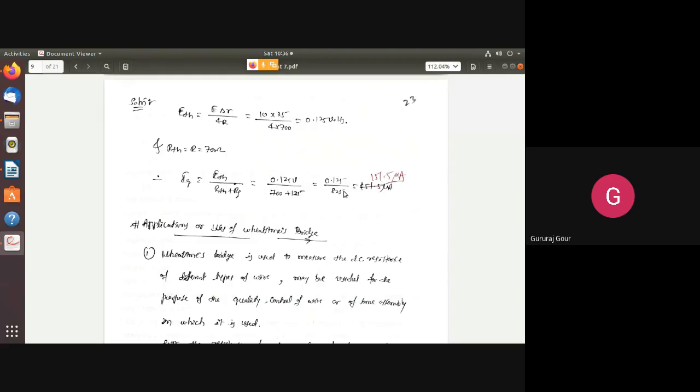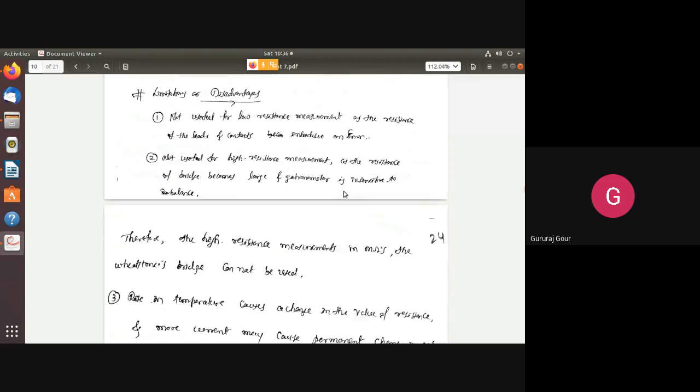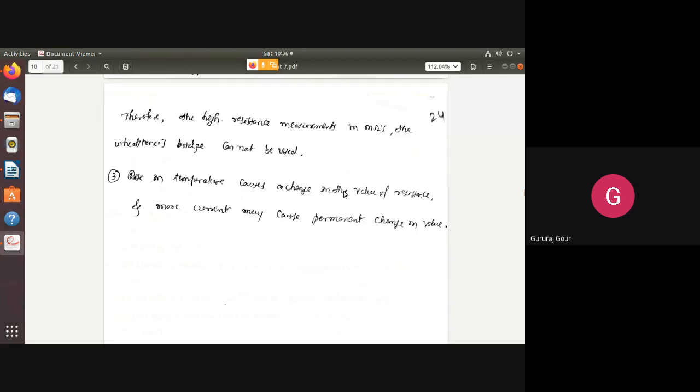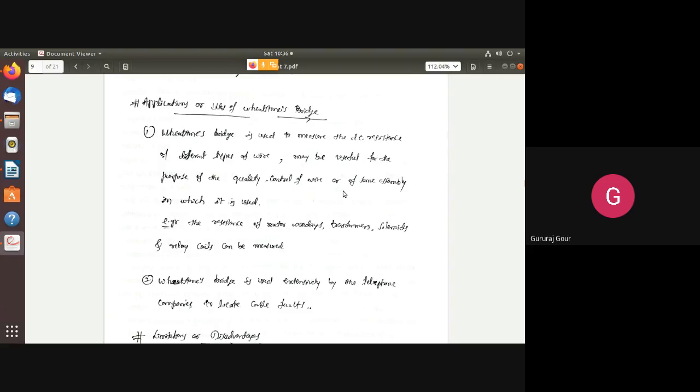You can go through the applications. You can see some applications given: Wheatstone bridge is used to measure DC resistance of different types of wire.